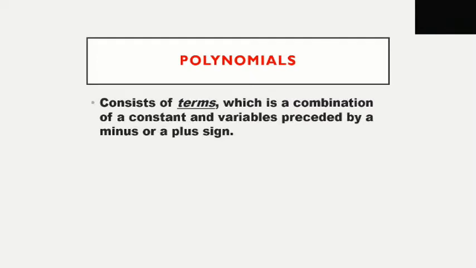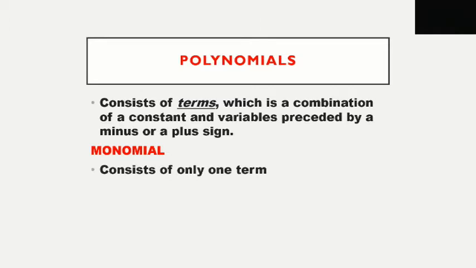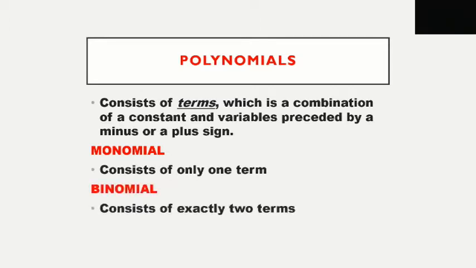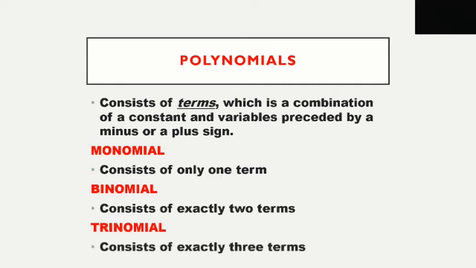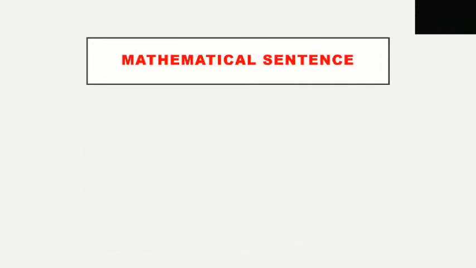Polynomials consist of terms, and a term is a combination of a constant and variables preceded by a minus or a plus sign. A monomial is a polynomial consisting of only one term. A binomial consists of exactly two terms. A trinomial is three terms. Polynomial is for more than one term.